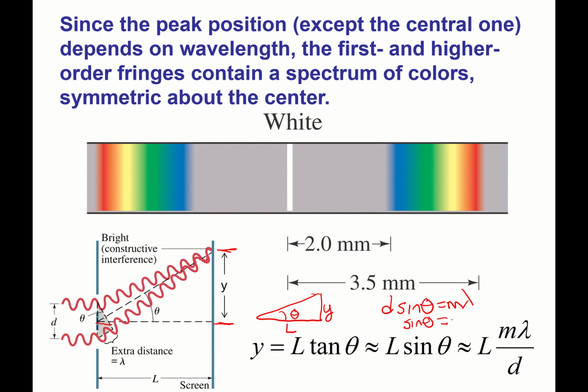Actually, I guess it's true for any angle, isn't it? Sine theta is equal to m lambda over d. So y is equal to L times m lambda over d if the angle is small enough that you can assume that tan theta and sine theta are the same. Usually it's safest to assume that it's not and make sure you get exactly the right answer.